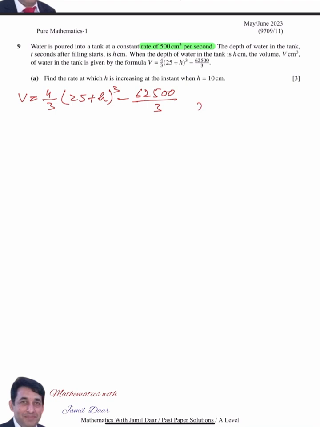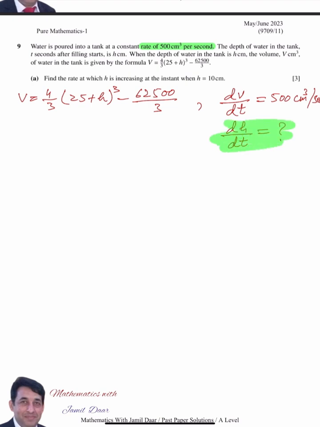You are also given the rate of change dV over dt, that is 500 centimeter cubed per second. They are saying you have to find the rate at which h is increasing at the instant when h is equal to 10. So we have to find dh over dt, the rate of change of height.